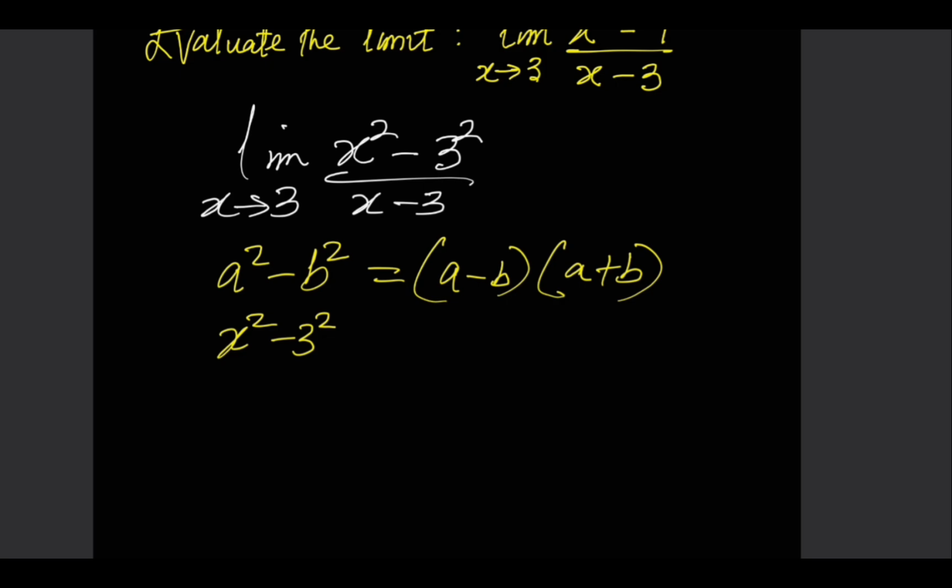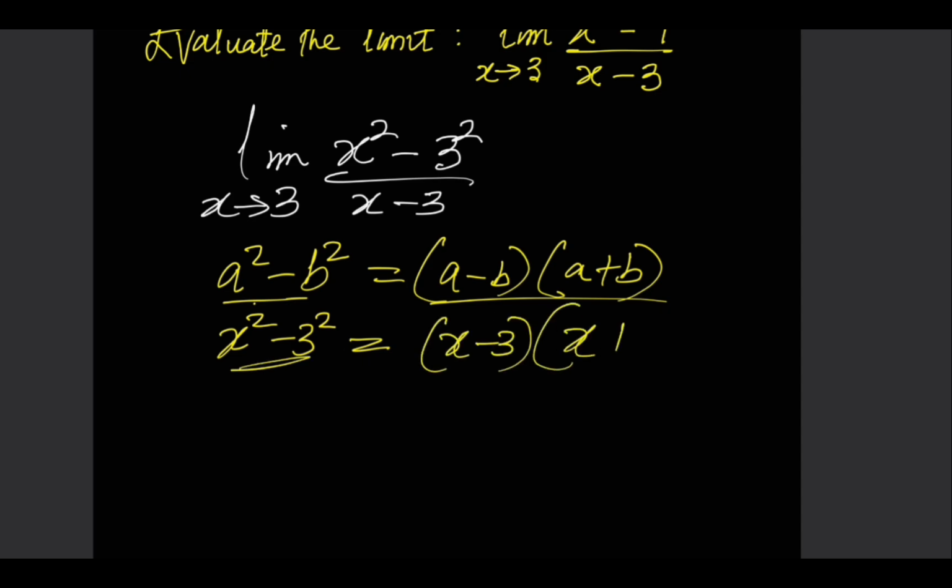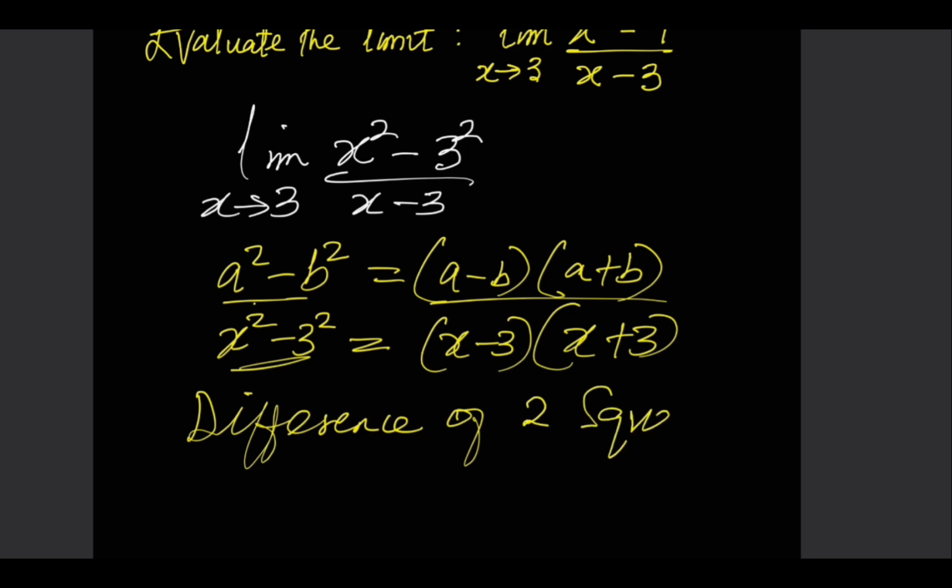Either one works, such that if you expand this, it will give you back the original. So representing this in this format, I will have x minus 3 into x plus 3. This is what we call the difference of two squares. It's actually a formula that you need to be familiar with.